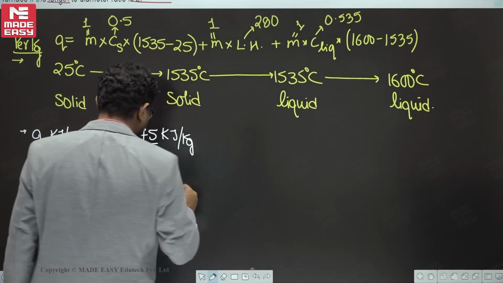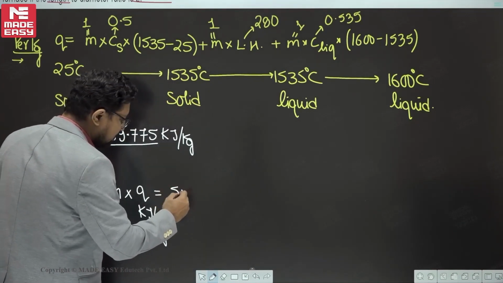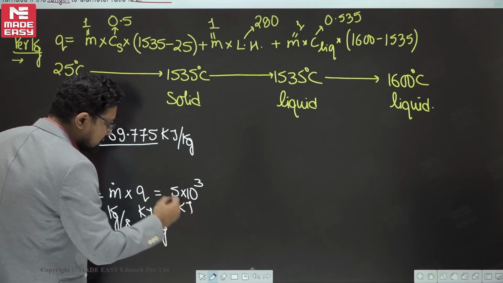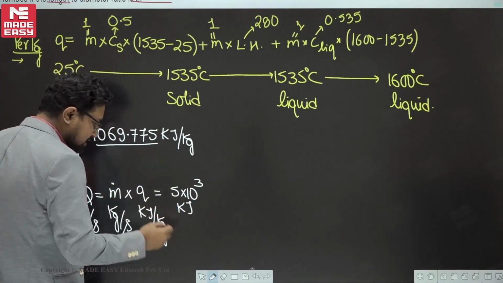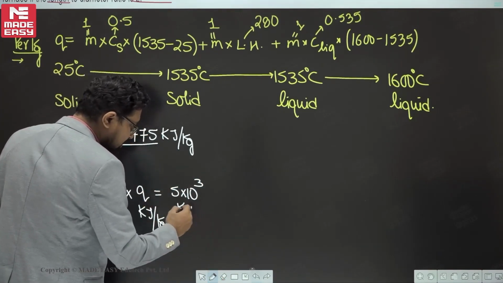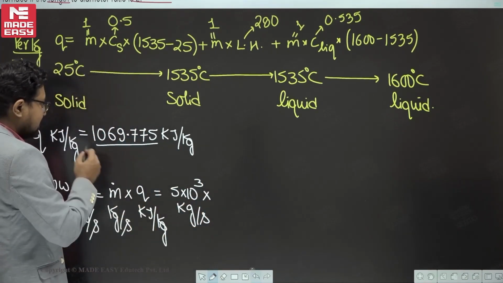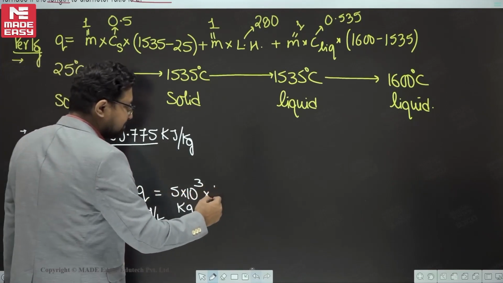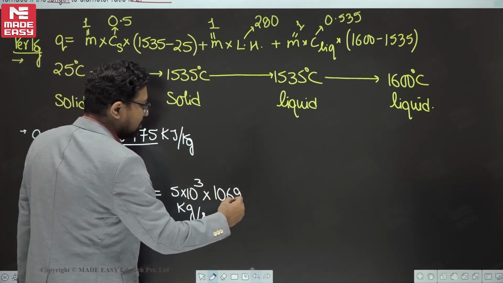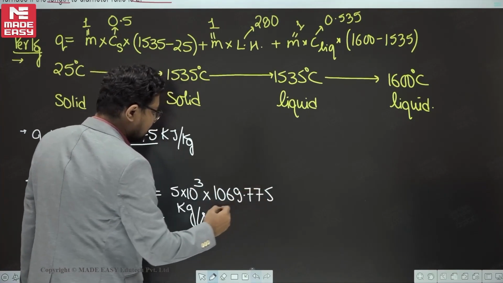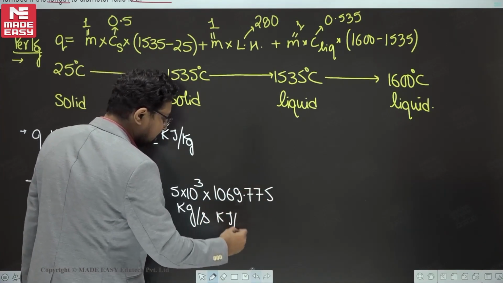So we will have 5 into 10 to the power 3 kilograms per second into small q, that is the heat required. So 1069.775 kilojoule per kilogram.